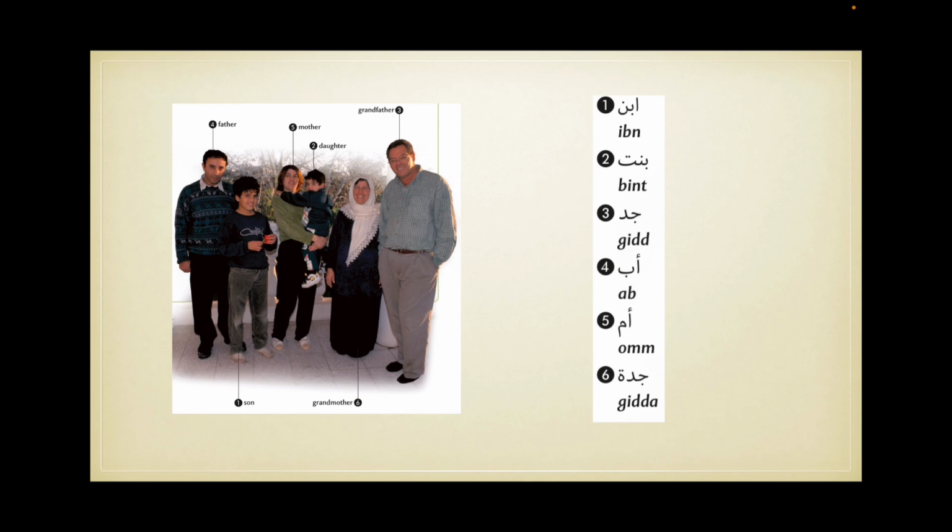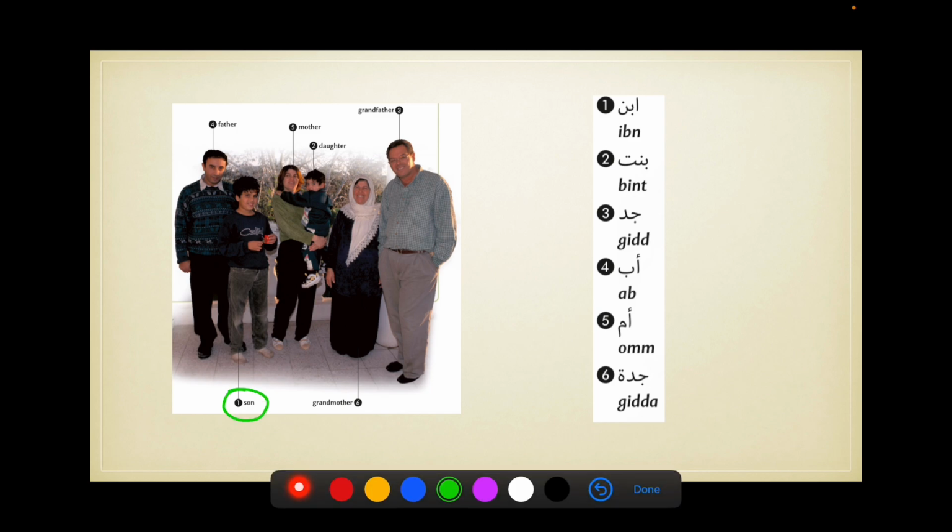As we said before, son in Egyptian Arabic is called Ibn, and daughter in Egyptian Arabic is called Bint. So Ibn and Bint. Son is called Ibn and daughter is Bint.